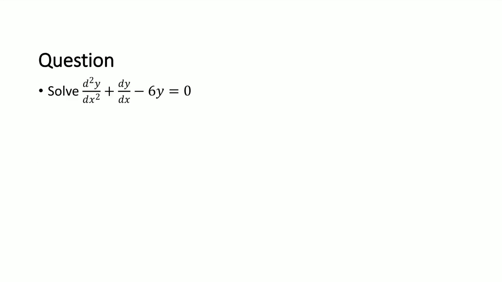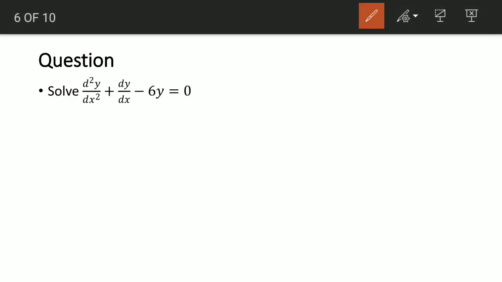So let's go further to see questions. Now here we're asked to solve d squared y over dx squared plus dy dx minus 6y equal to 0. The first thing I'm supposed to do is use the operator form, meaning that I can represent this as d squared y plus dy minus 6y equal to 0.